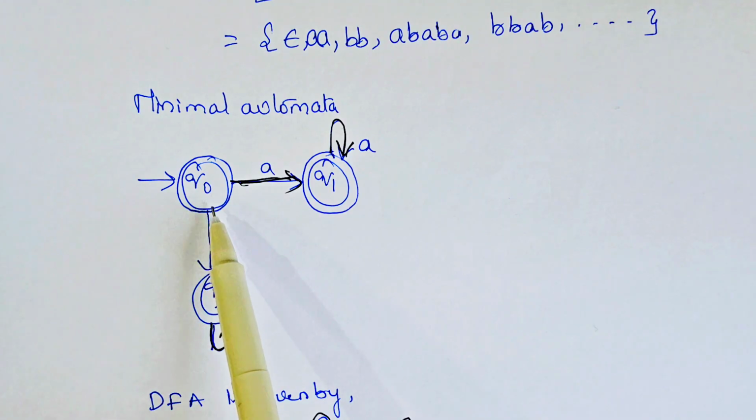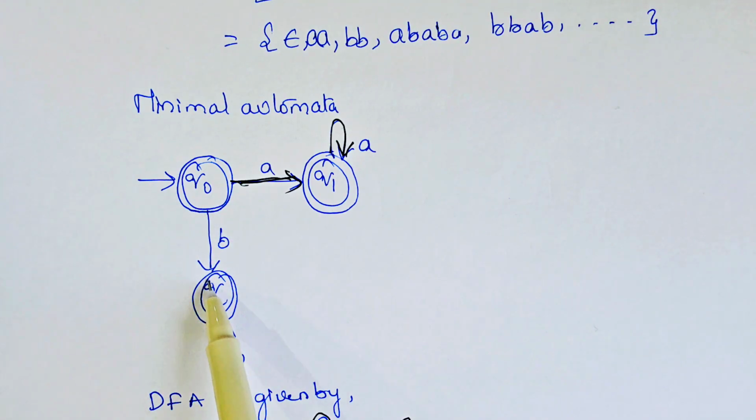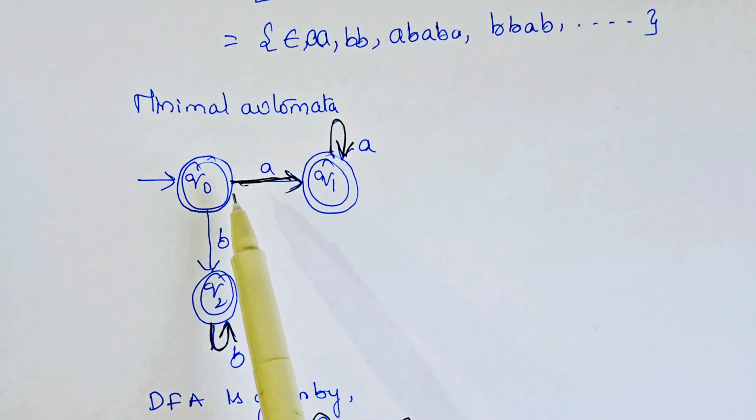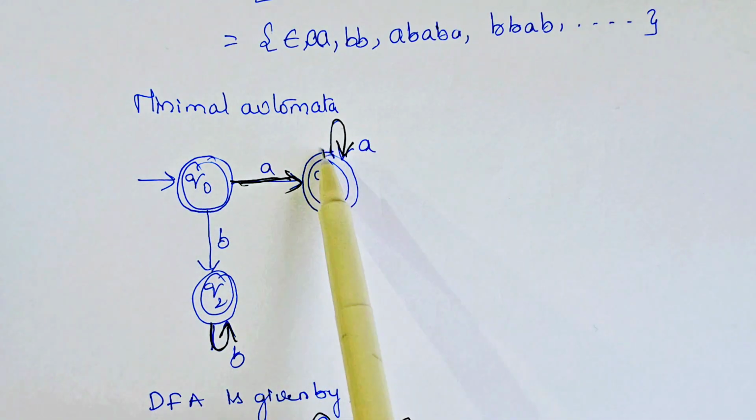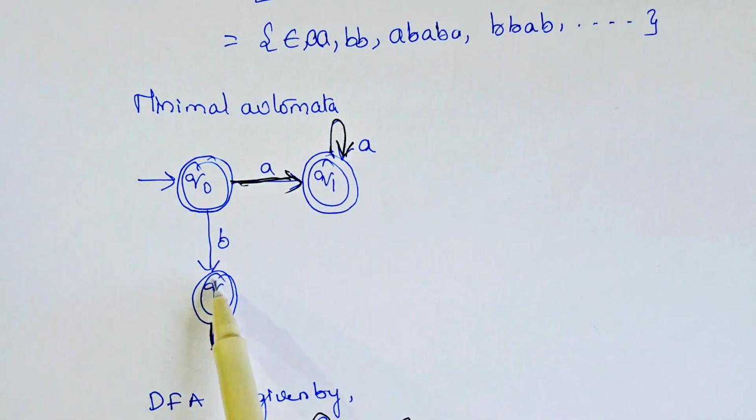And again from the initial state Q0 with B as a first symbol or a starting symbol, it is reaching the state Q2. Since the ending symbol should be the same symbol, Q2 on B is moving to the same state Q2, making Q2 a final state, so that starting is A, ending is A, starting is B, ending is B. Upon giving the remaining input transitions to this minimal automata, we get the complete DFA.